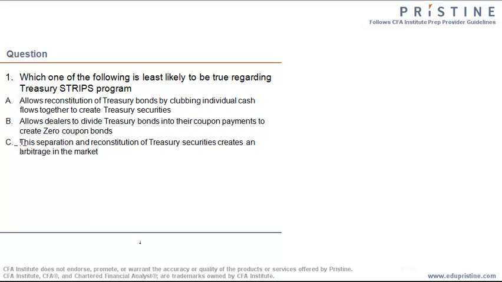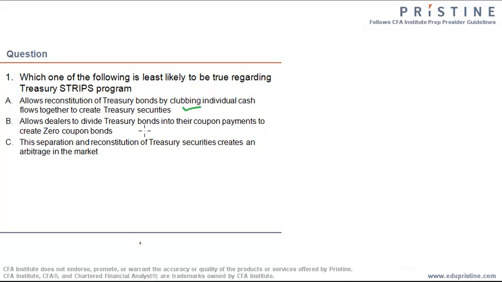So now let's try and answer this simple question. Which of the following is least likely to be true regarding the Treasury strips program? It allows reconstitution of treasury bonds by clubbing individual cash flows together to create treasury securities. This is correct.